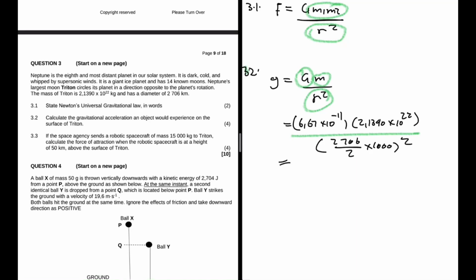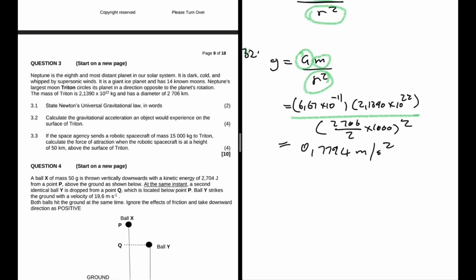So we have 6.67 to the minus 11 multiplied by 2.139 to the 22 divided by 2,706 divided by 2 multiplied by 1,000 squared, and that is 0.7794 meters per second squared, right? And that's about it.